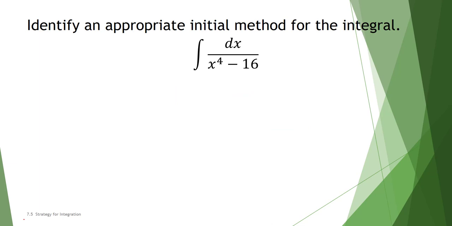Here we have the integral of dx divided by x to the 4 minus 16. Because this is a rational function, the best strategy to choose is partial fractions. So I would start by writing 1 over x to the 4th minus 16, which is our integrand, and factoring the bottom, which would be x squared plus 4 times x plus 2 times x minus 2.